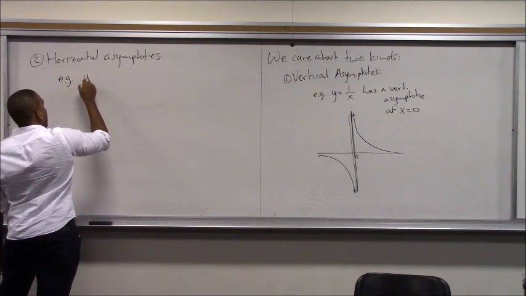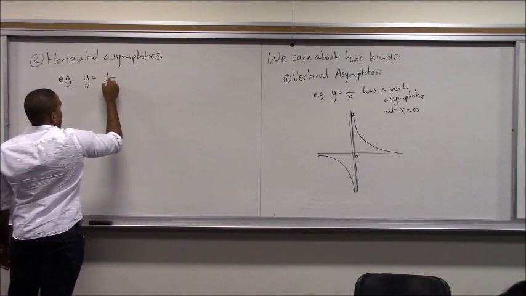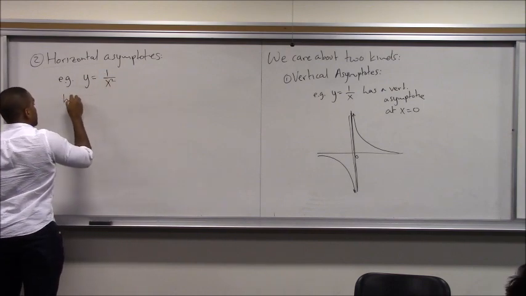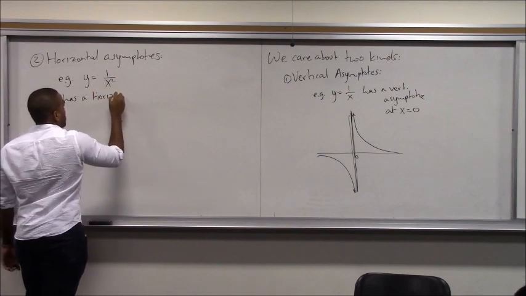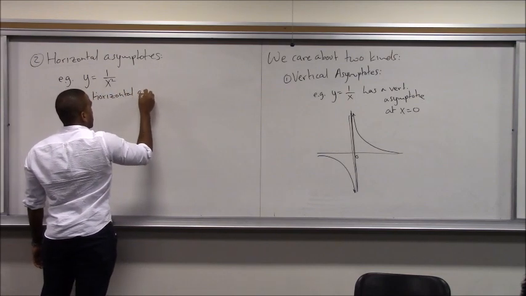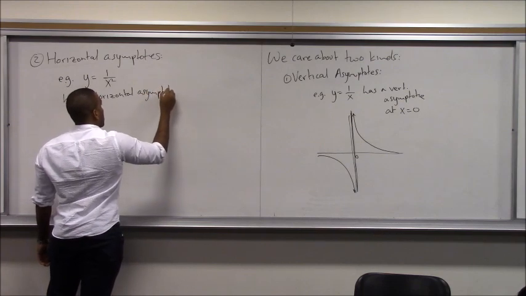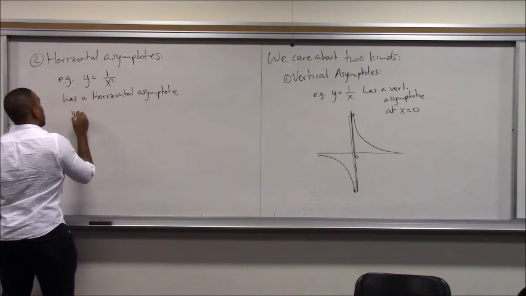There is like y equals 1 over x squared as a horizontal asymptote, y equals 0.